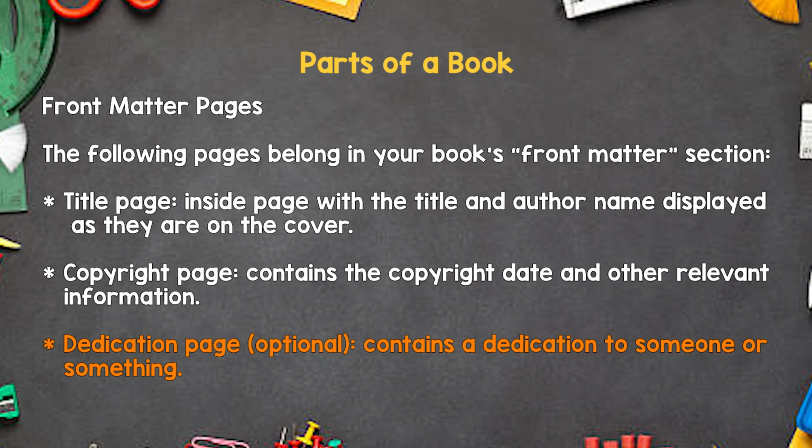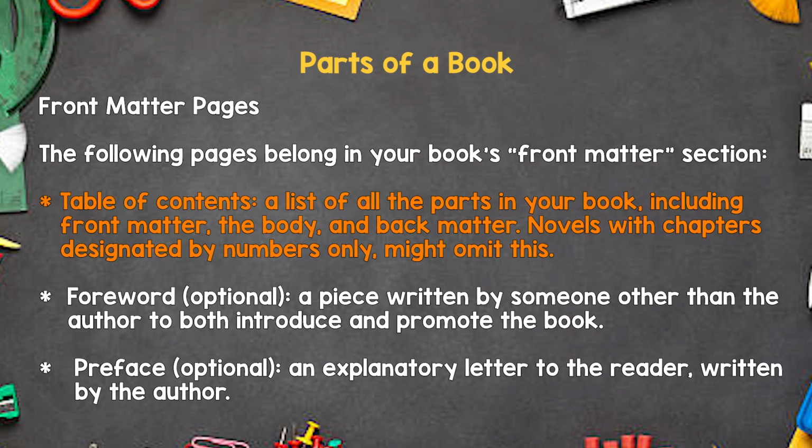Every author will choose whether they want a dedication page or not. This contains a dedication to someone or something. Then you have my favorite, the table of contents, a list of all the parts in the book, including the front matter, the body, and the back matter. Novels with chapters designated by numbers only might omit this.